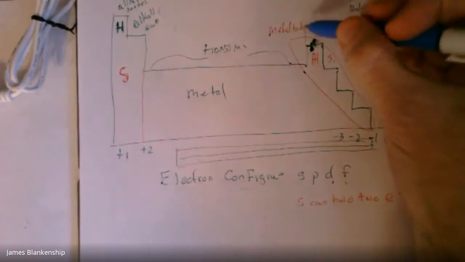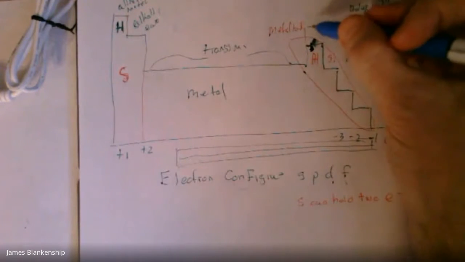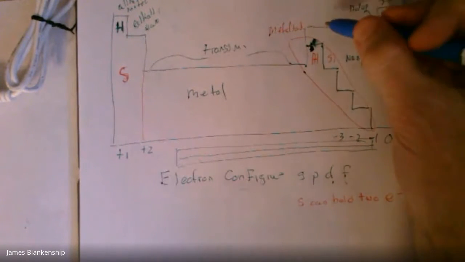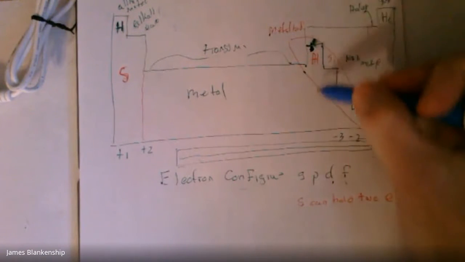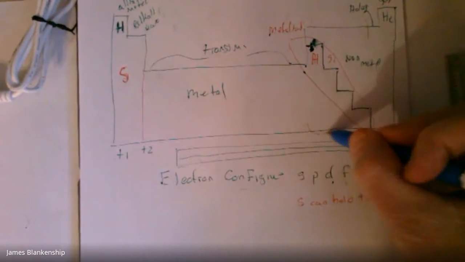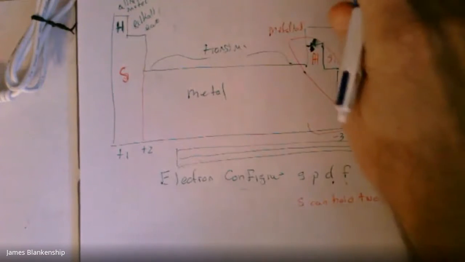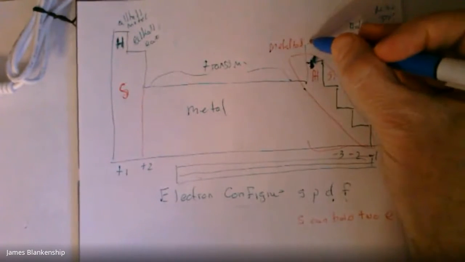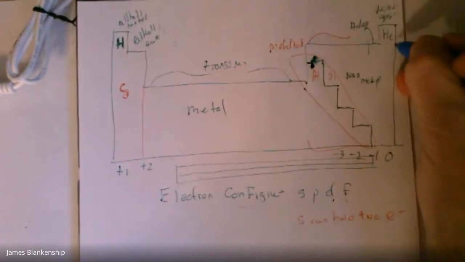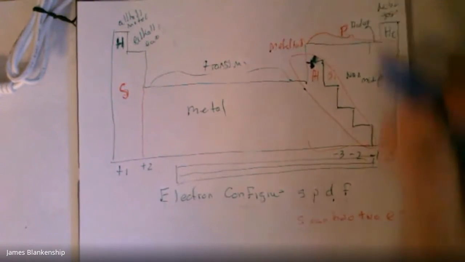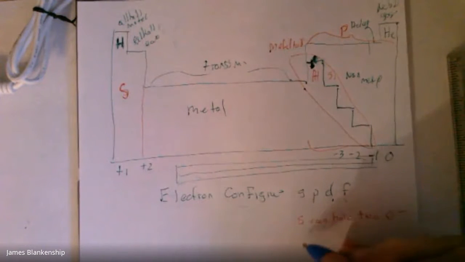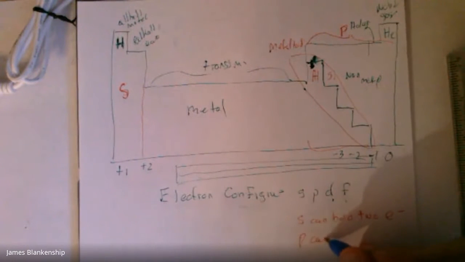The next column that comes in, the P, will be this block here. I'm going to try and draw our block here, starting with boron and aluminum in that column, all the way over to our noble gases. So that block there will be our P block. P can hold 6 electrons.